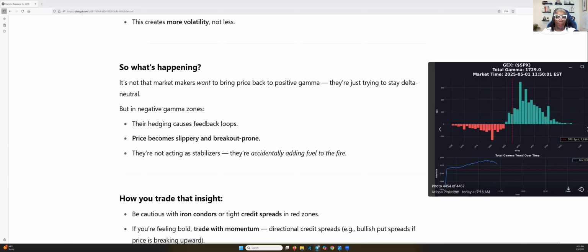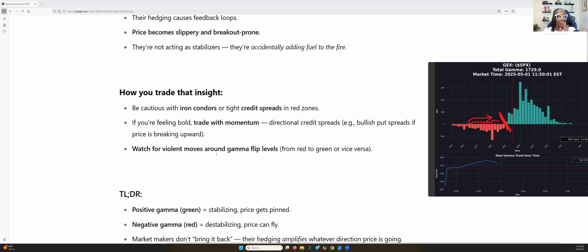So though they're not trying to go back positive, they are trying to get back to delta neutral, which is right here. So we're not necessarily trying to get to plus, but we're trying to get to neutral. And neutral is above where we're slipping, neutral is back up here. So they're trying to go back to neutral, not necessarily back to positive. Okay. And I hope I'm explaining this as best I can. I'm just explaining what I see and my understanding of what I've read.